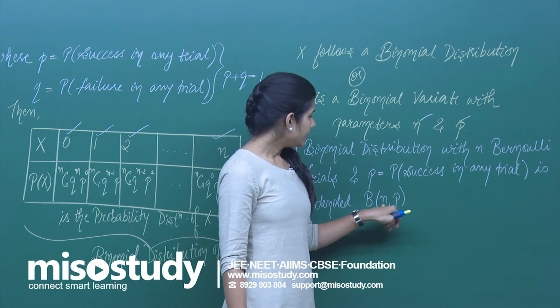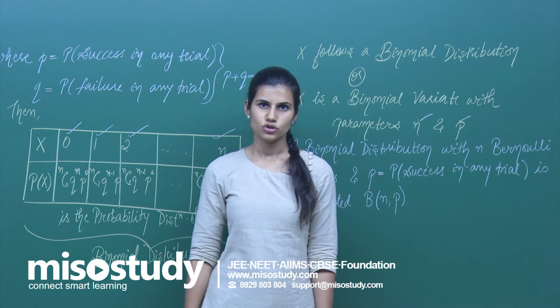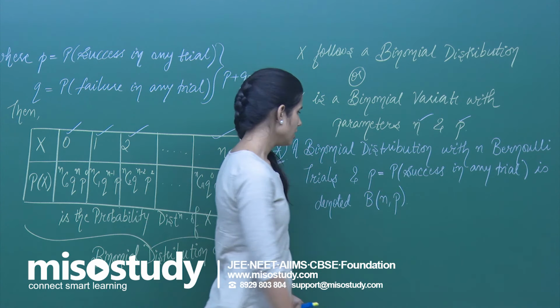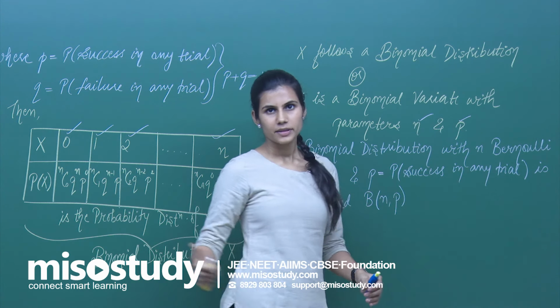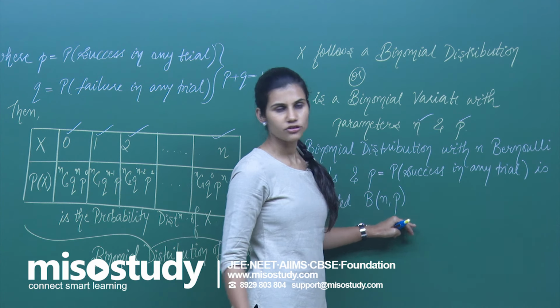It is the value of n, it is the value of p, which actually is enough to give you a binomial distribution. Is it clear? So instead of writing this binomial distribution of capital X, you write it by B(n, p) notation.